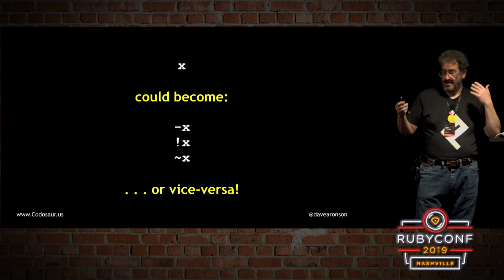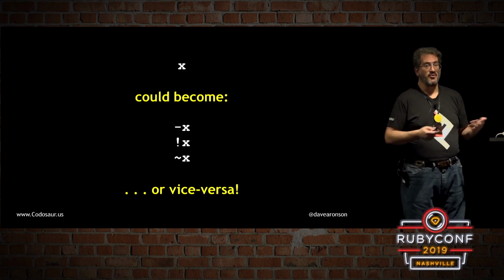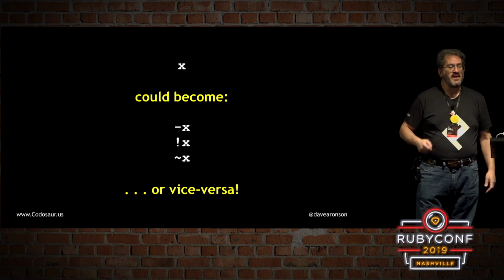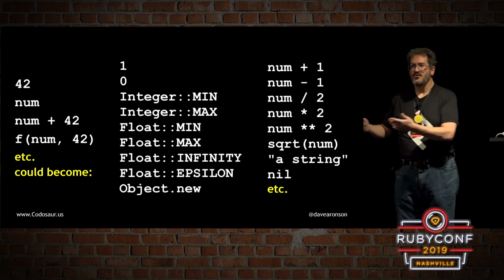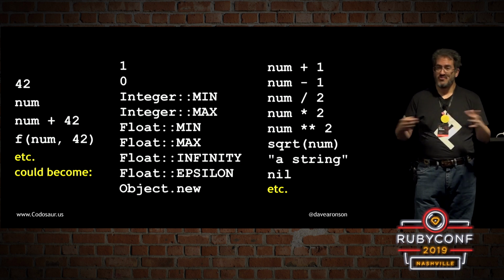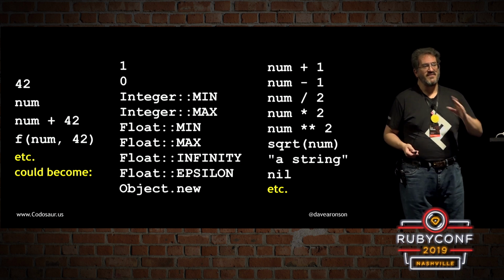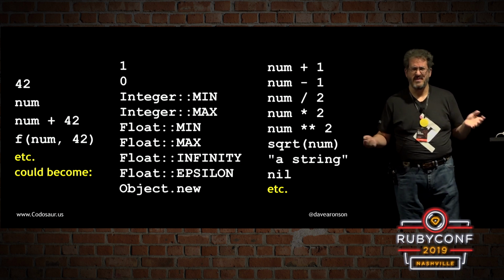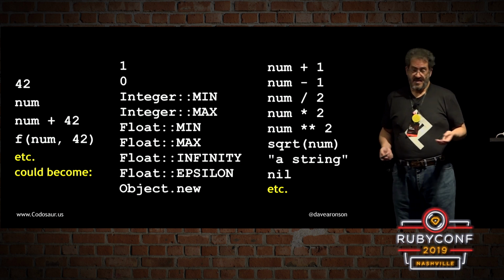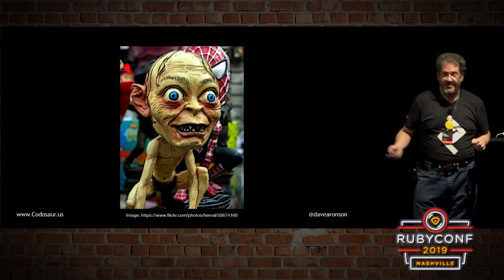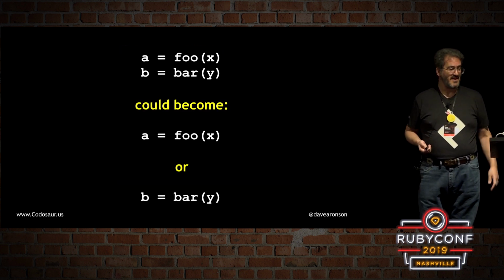It could insert or remove a logical, mathematical, or bitwise negation. It could change a constant or variable or expression or function call to a completely different value, possibly even one of a different and even incompatible type, such as changing a number to a, if I may quote Smeagol, string or nothing. It could remove entire lines of code.